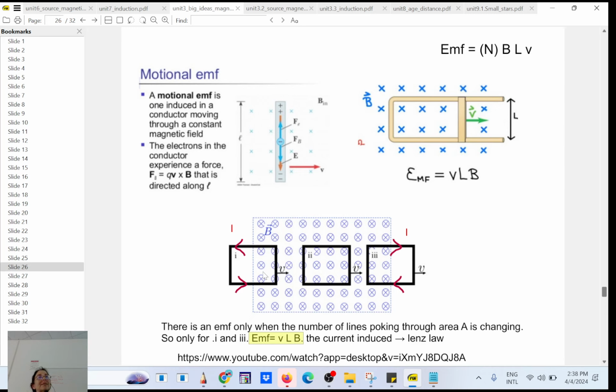I want to decrease it. So you see, magnetic field is where? Into the board or towards you? Into the board. So you say, I'm not happy with those number lines increasing. Okay? I'm gonna make a magnetic field on my own that will oppose that magnetic field that created it.